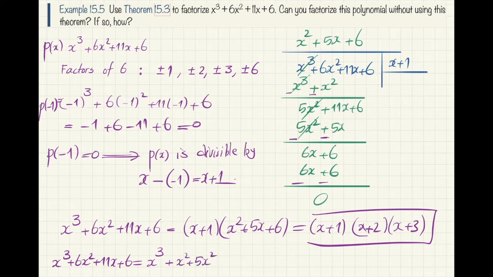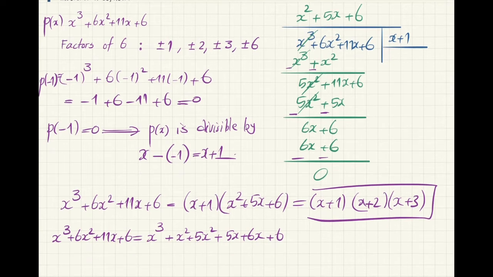Yes, and for the 11x, you would write 5x plus 6x, and instead of 6, you write 6. Of course, you see, this method is simpler, but finding these breaking terms is hard. How should I know that I need to break 11x into exactly this form? Because 11x can be broken into two parts in infinitely many ways. But why on earth should I have chosen this and that one for these terms?